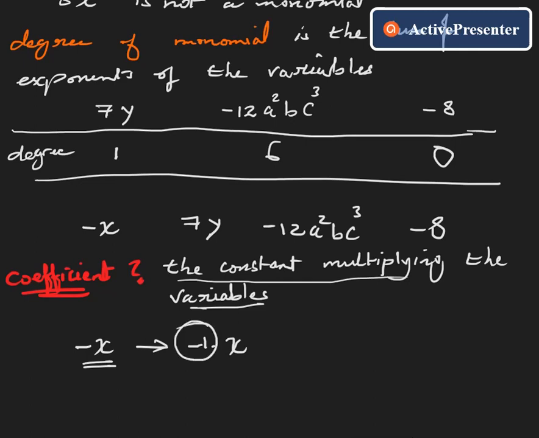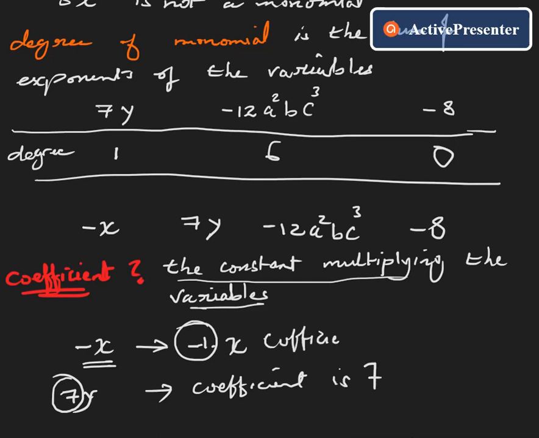Also, what is the coefficient of 7y? It is the constant that multiplies the variable, which is 7. So the coefficient here is 7. Here the coefficient is minus 1.